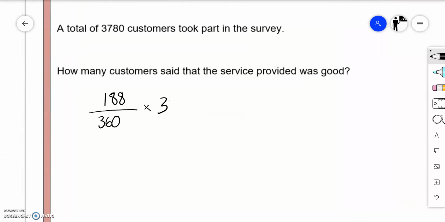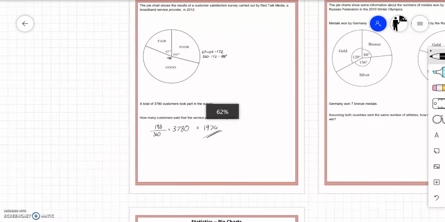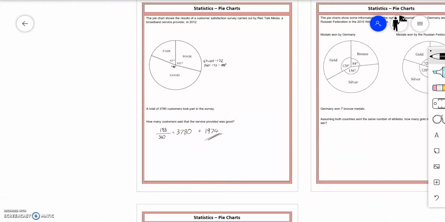And if 3,780 people took part in the survey, we can figure out how many actually said that it was indeed good. So we could say 1,974 people said that Red Talk Media gave a good service.